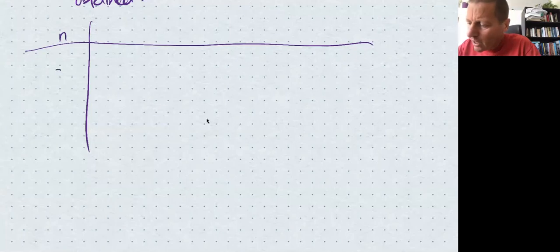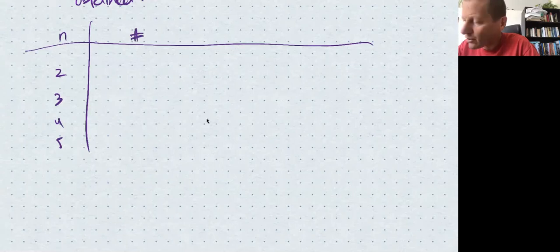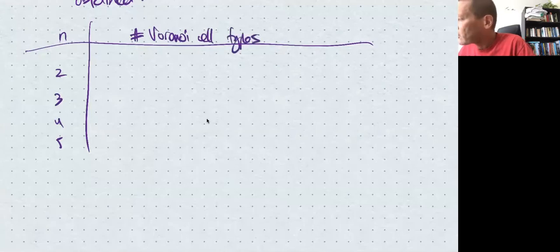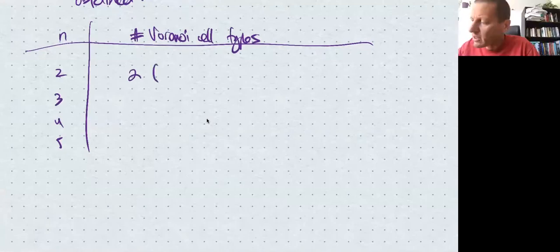Okay, so I said that the only cases known are 2, 3, 4, and 5. Let me write down the number of possible types of Voronoi cells in each dimension. In dimension 2, I just mentioned that there are 2 possible types of Voronoi cell. That's the square and the hexagon.